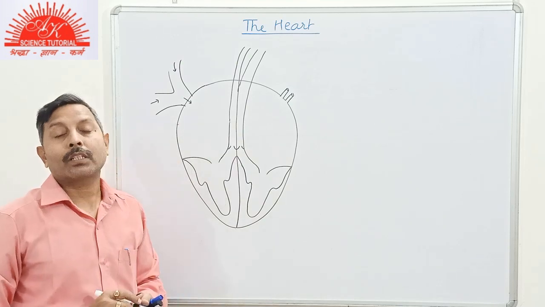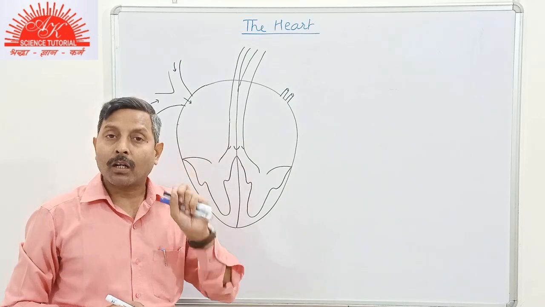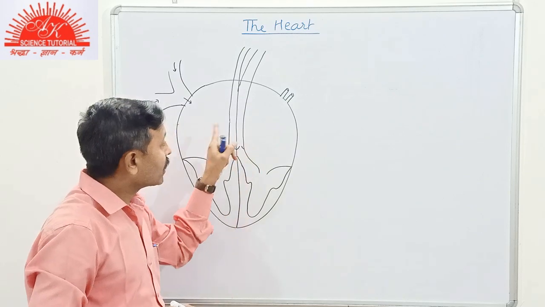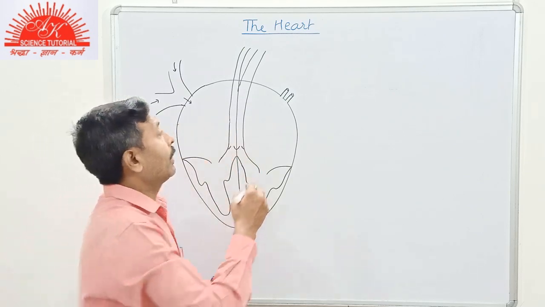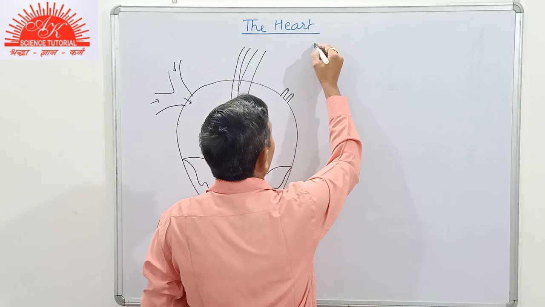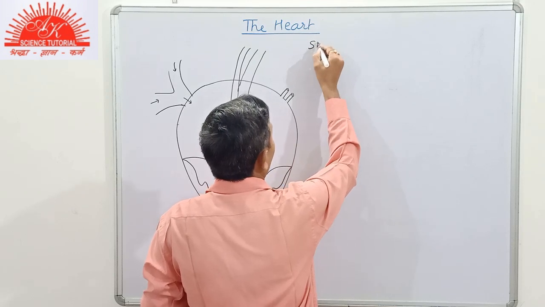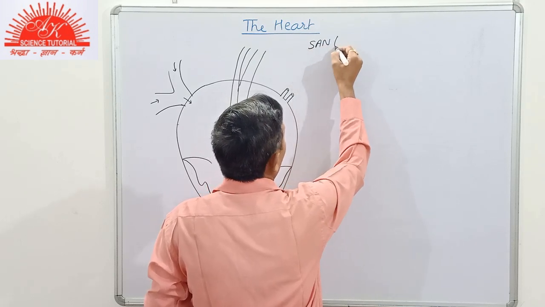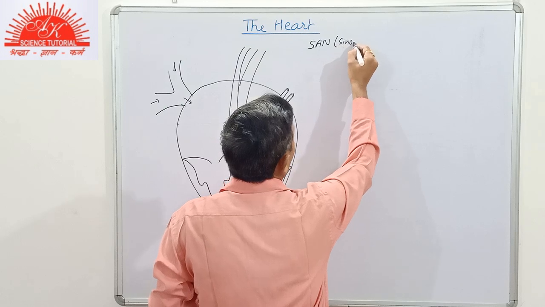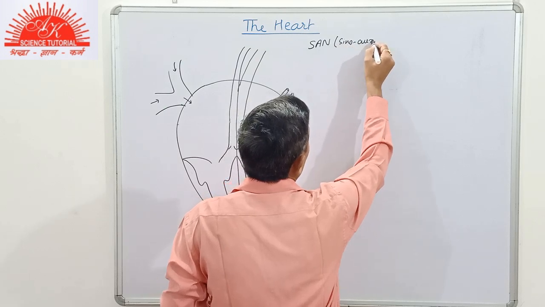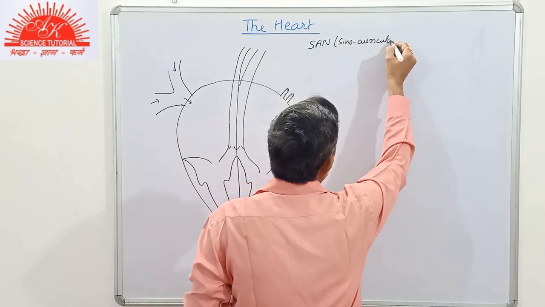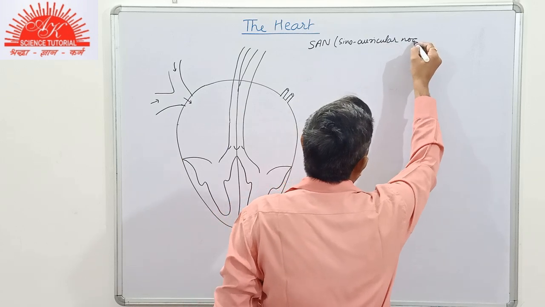Now we have to study further some more terms related to the structure of the heart, and the first one is the SAN, or sino-auricular node, auricular node or atrial node.